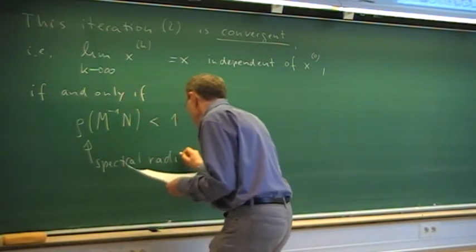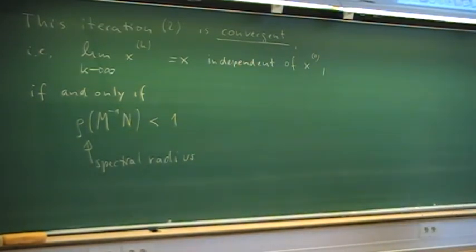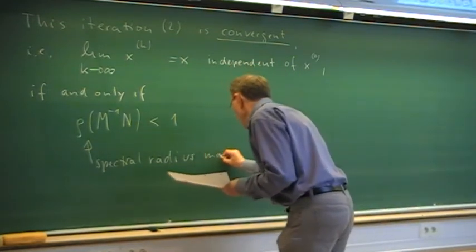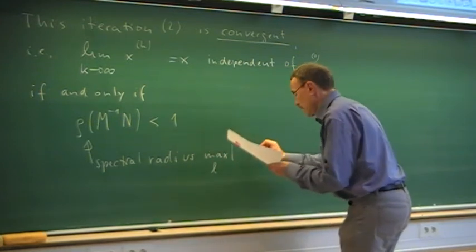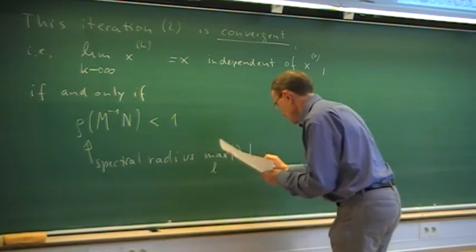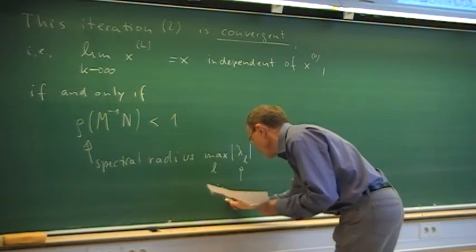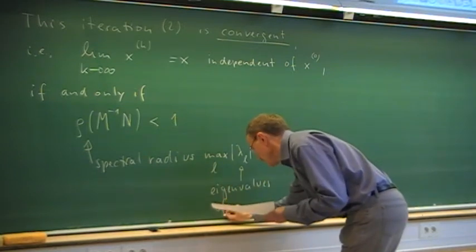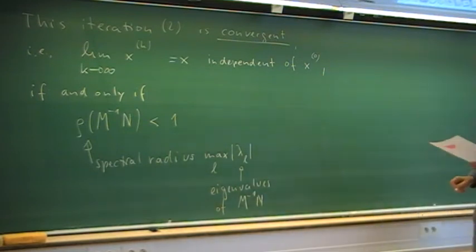We had already discussed spectral radius when we discussed, for example, the Rosenbrock method. And that is, in that case, the maximum of all the absolute values of the eigenvalues, lambda L. And these are then the eigenvalues of the matrix that we consider. That is, in our case, the matrix M inverse N. So that is meant by this symbol, spectral radius.